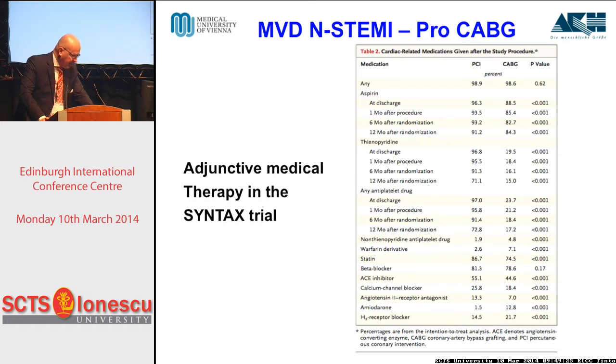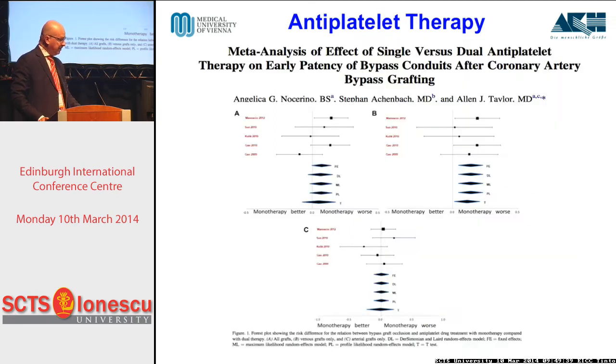We have fewer beta blockers, fewer ACE inhibitors, and fewer calcium channel blockers. So I think there is room for improvement of surgical results if there is a stricter use of these adjunctive medications, and that would also be very important for our patient that was presented.